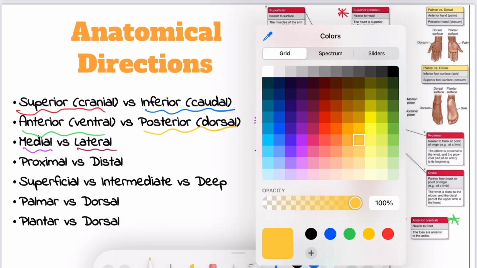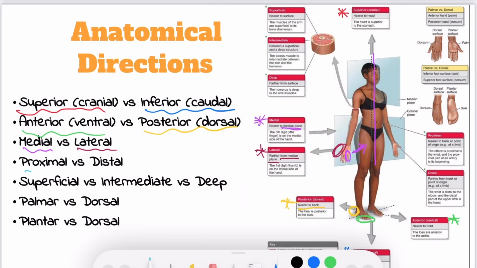Now, let's do a lighter blue. Proximal versus distal, but we're first going to start with proximal. Proximal is nearer to the trunk or point of origin. In this case, the elbow is proximal to the wrist.